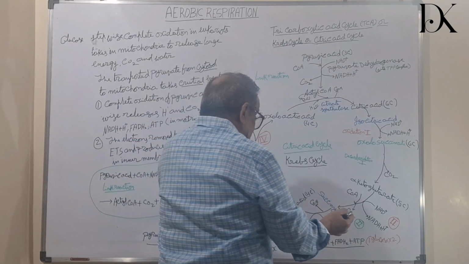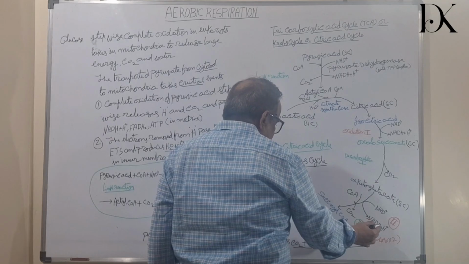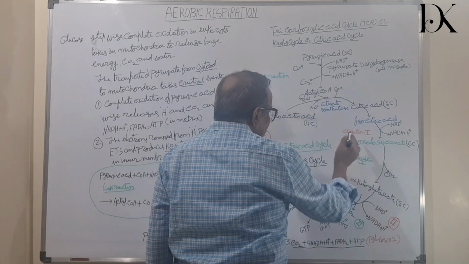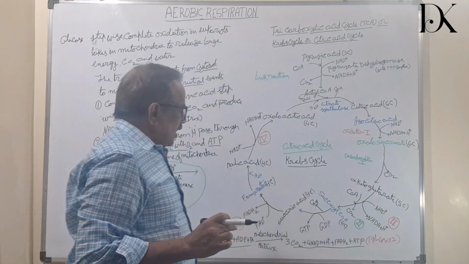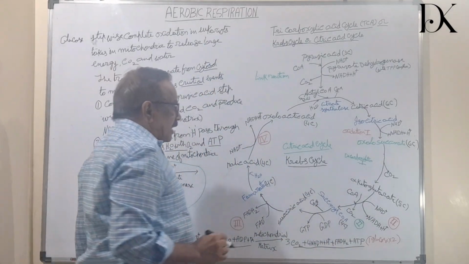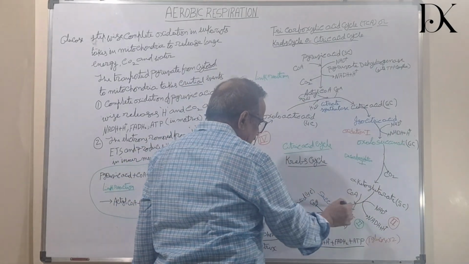Here one NAD forms NADH plus H plus. This is the second oxidation. First oxidation here, second oxidation here. Carbon dioxide is released here and here. One carbon has gone, one carbon has gone.